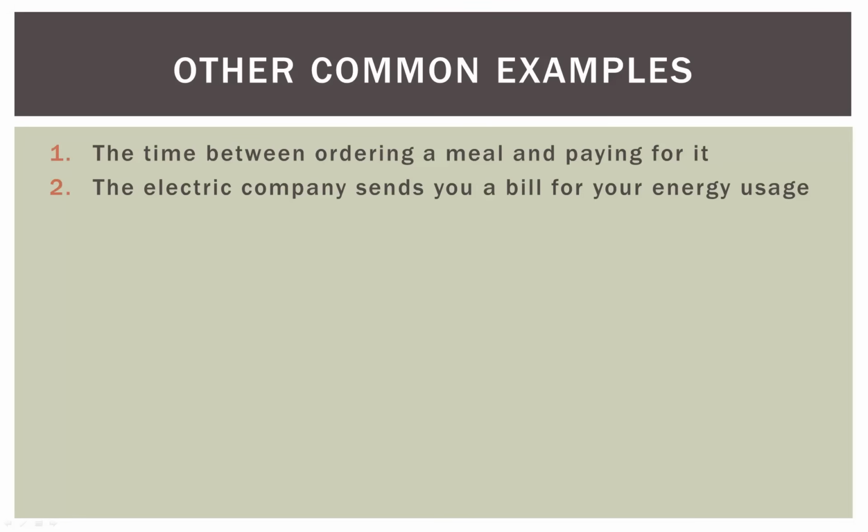Well, the electric company says, okay, you've used this much, and they print up a bill, maybe it's like $125 or so, and they mail you a bill. Well, to them, they now have an asset. They have an account receivable because you are now legally obligated to pay them $125 for the electric.